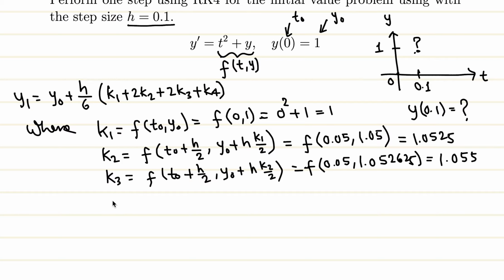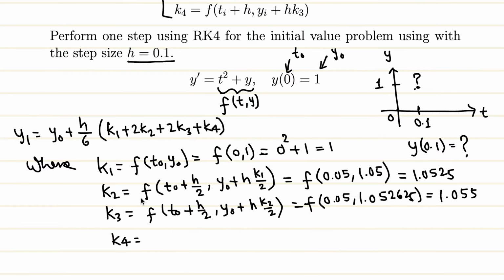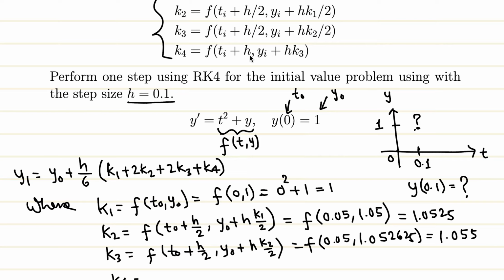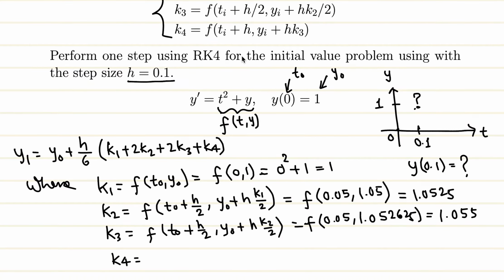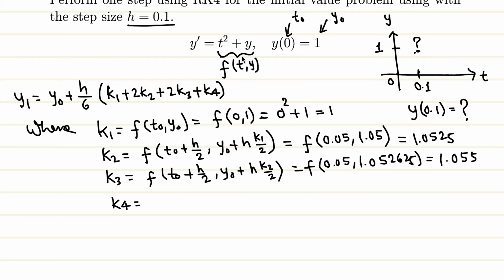Now we'd like to find k4. Here is k4, f of t_i plus h, y_i plus h k3. We are taking i equals 0, so f of t0 plus h, y0 plus h k3. t0 is 0, h is 0.1, so it comes out to be 0.1. y0 is 1 plus h, 0.1, times k3, just found here.